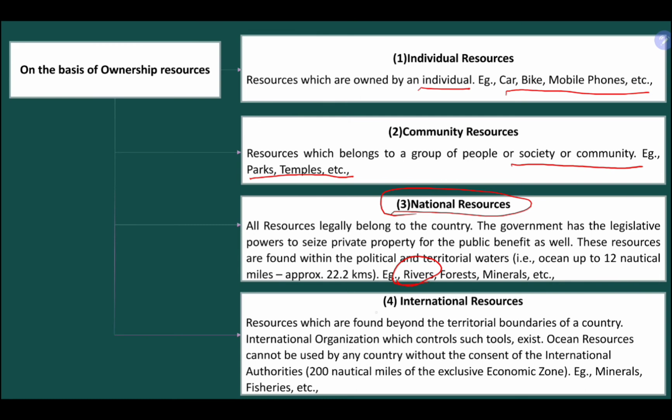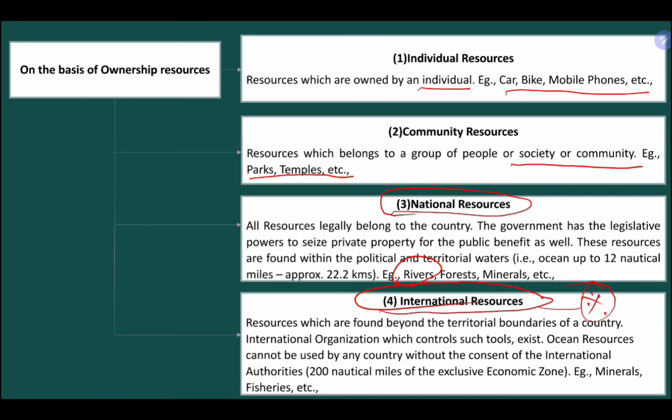Then comes international resource. So it is an important matter. See, what are all the resources commonly available for all the countries? Maybe the ocean. The ocean is an enormous area. The first 12 nautical miles may be for that particular country, but the remaining ocean may be considered as an international resource.